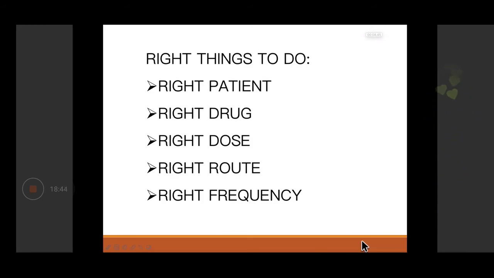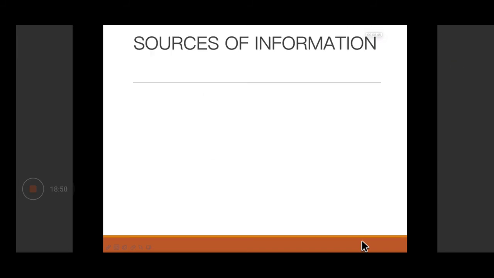So you have to prescribe to the right patient the right drug, dose, route, and frequency, which I've already mentioned to you. Now, sources of information for all this, which are the right drugs and right doses and right durations.